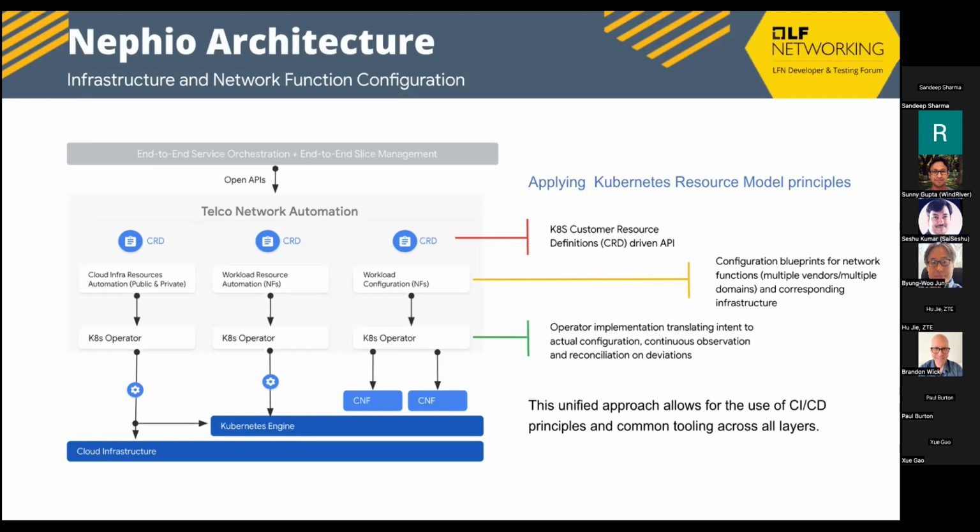Nephio is an intent-driven, declarative, cloud native platform for the orchestration and management of all three verticals: the infrastructure, the workload on that infrastructure, followed by the lifecycle management of these workloads.